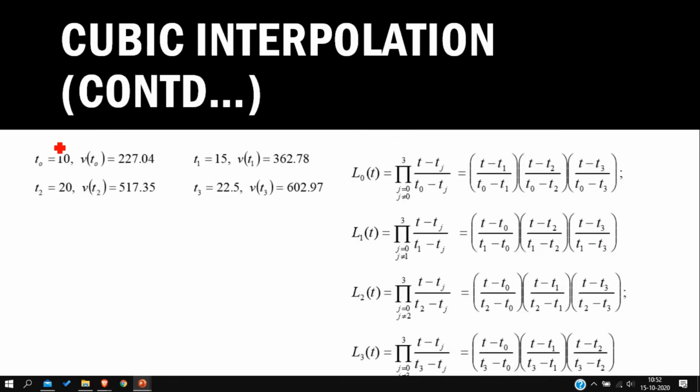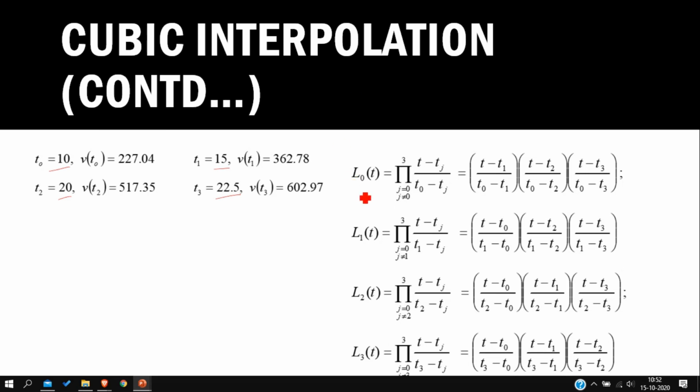Here T0 is 10, T1 is 15, T2 is 20 and T3 is 22.5. In this case we don't go to any point below the value 10. Instead we go to a higher value, because we know the value of t is 16, so we go to 2 points below and 2 points above that one.